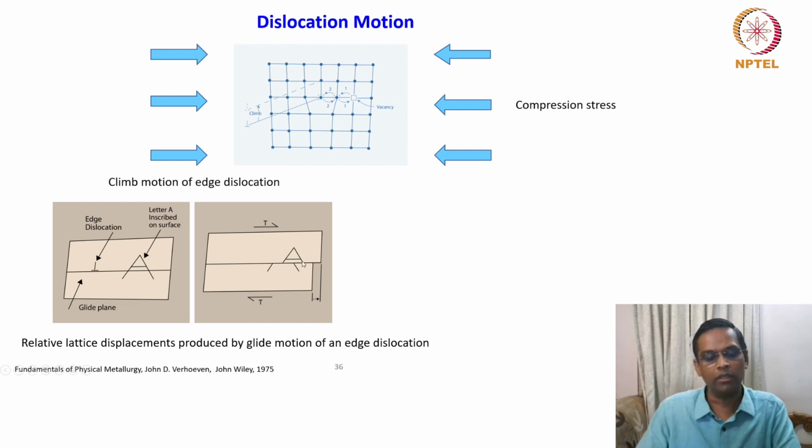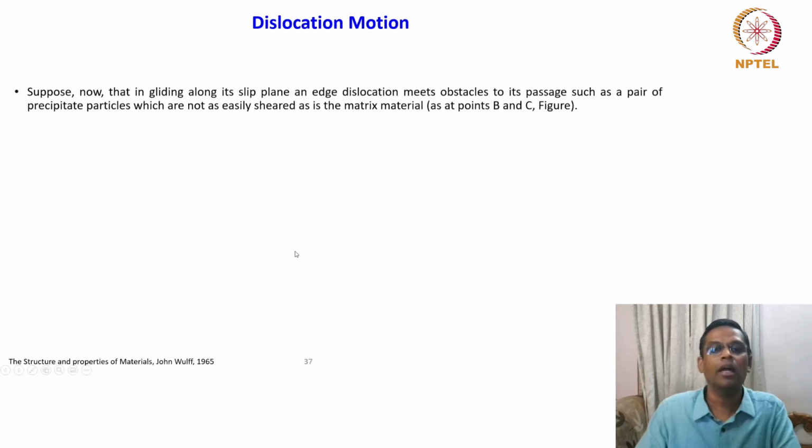The shift is equivalent to 1 Burgers vector, right? So the relative lattice displacement produced by the glide motion of the dislocation leaves new neighbors for each atom. You may restore the lattice configuration, but each atom will have its new neighbors. That's my idea.